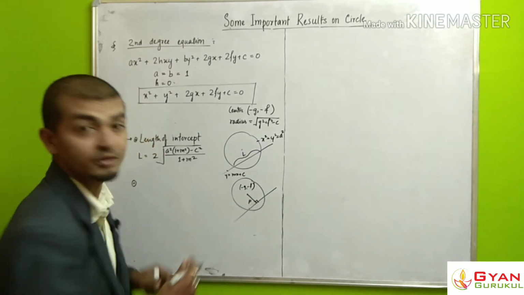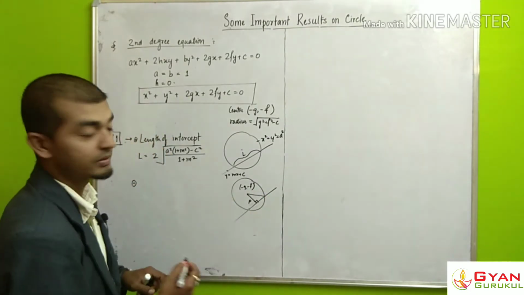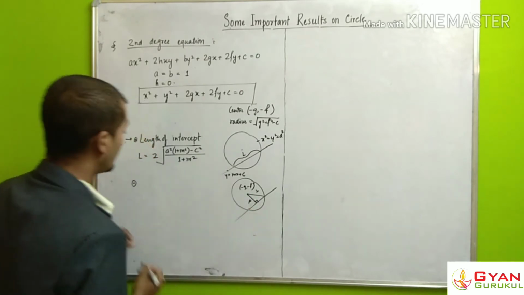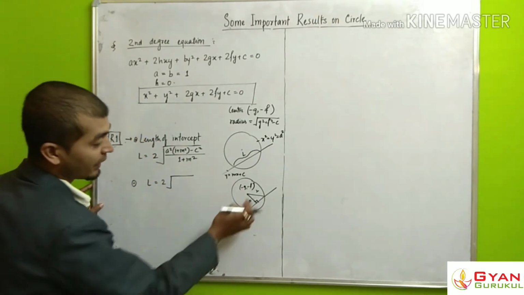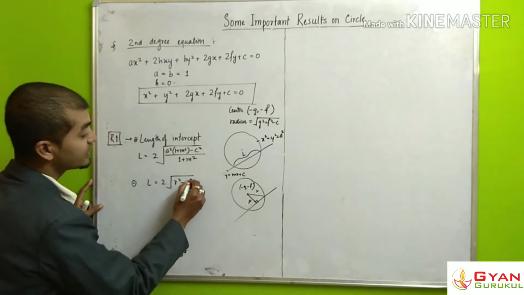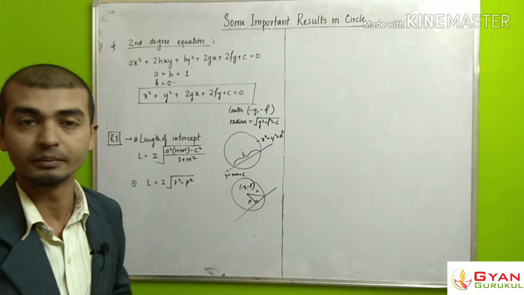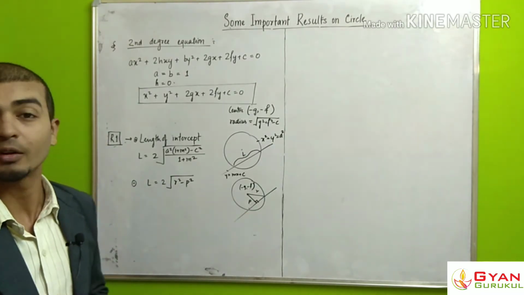Let us name it p. Then this is the radius, and the length will be given by 2 times root over r square minus p square. It comes very easily by the Pythagoras theorem. Clear? Now this was for the general form of a circle, not the simplest form.